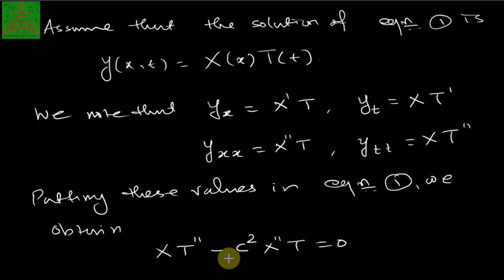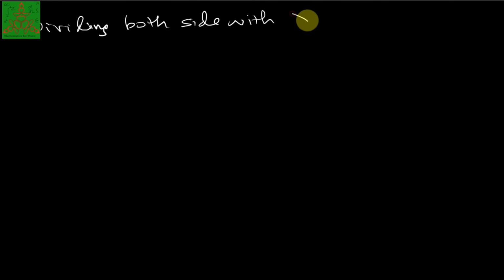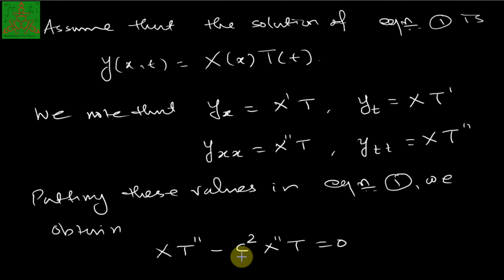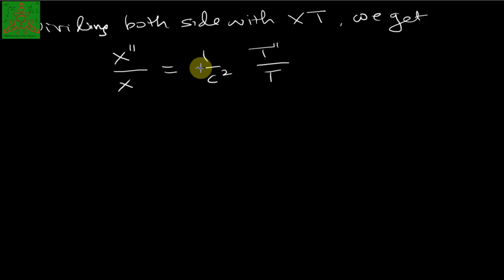Now if I divide both sides by X into T, we get X double dash upon X equal to 1 by c square into T double dash upon T, because we divide this quantity by X into T and then by c square. And this side we assume as lambda.